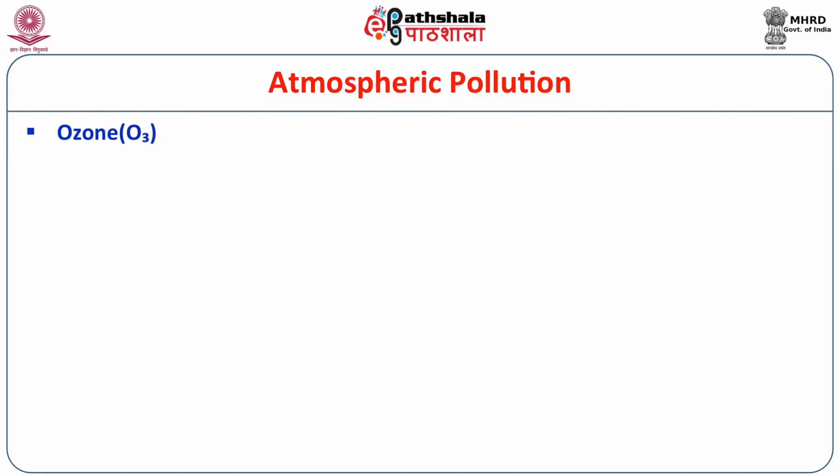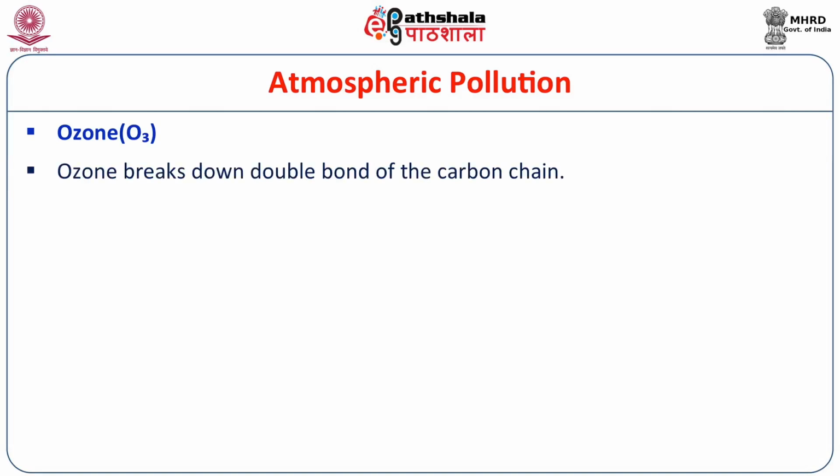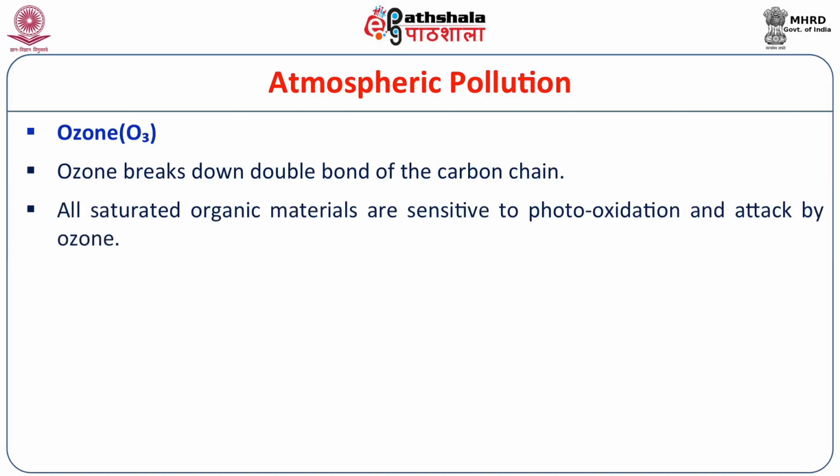Ozone is also another important area of discussion. Ozone breaks down the double bond of the carbon chain. All unsaturated organic materials, mainly cellulosic materials, are sensitive to photooxidation and attacked by ozone.